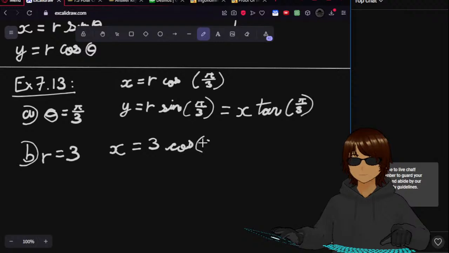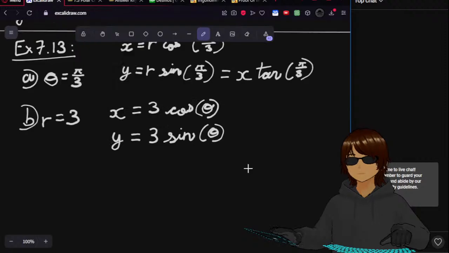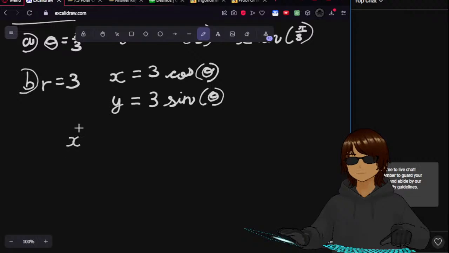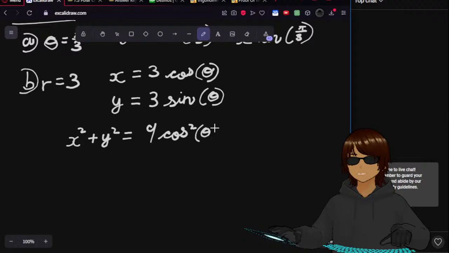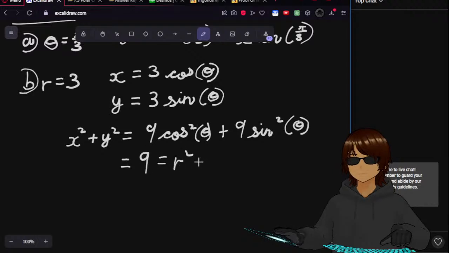3 cos theta, 3 sine theta. 9 cos square theta plus 9 sine square theta is equal to 9, which is equal to r square.